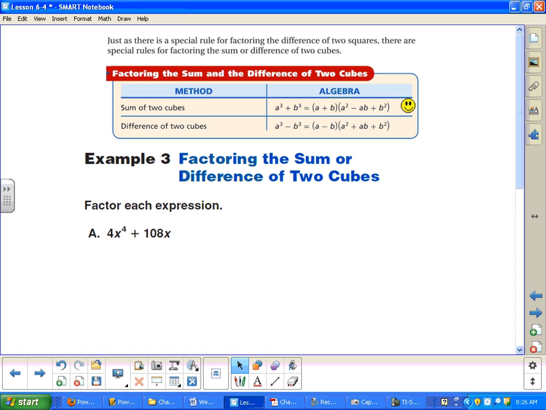The difference of two cubes, a cubed minus b cubed, says when I factor that, I get the quantity a minus b times the quantity a squared plus ab plus b squared.